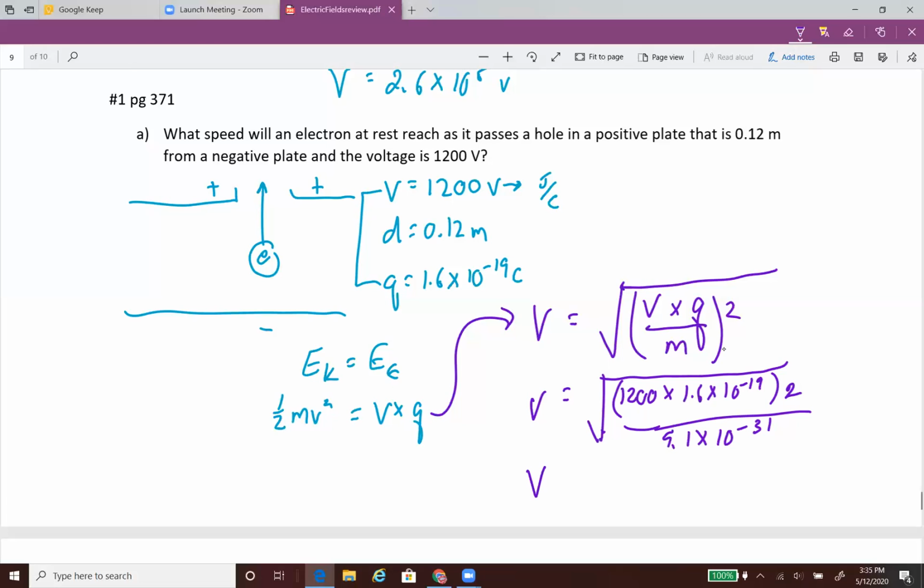That gives a speed of about 2.1 times 10 to the 7 meters per second.